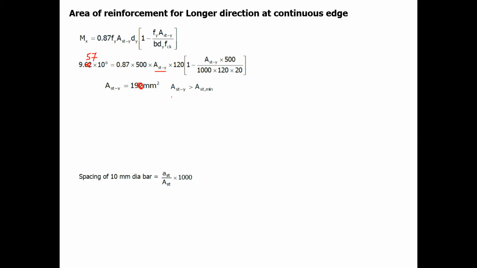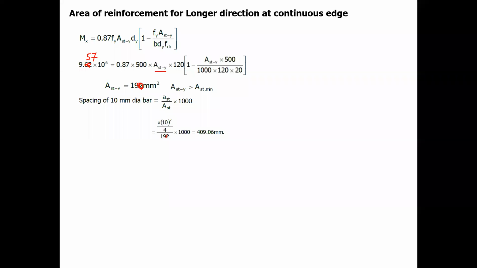Okay. Now calculate the spacing. Spacing of 10 mm dia bar is equal to small Ast by capital Ast into 1000. So this is 190.